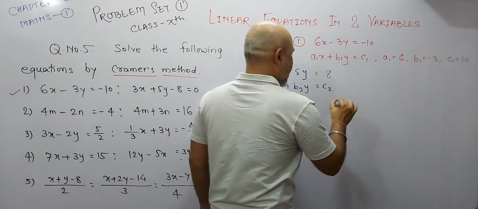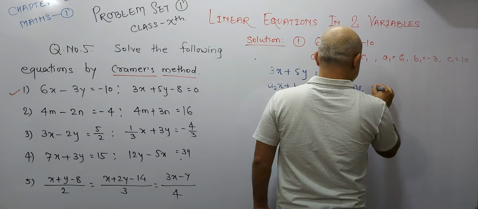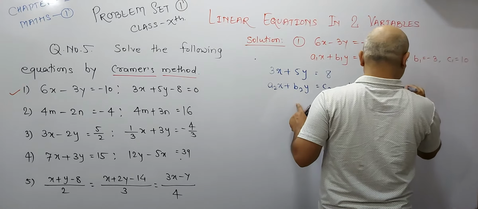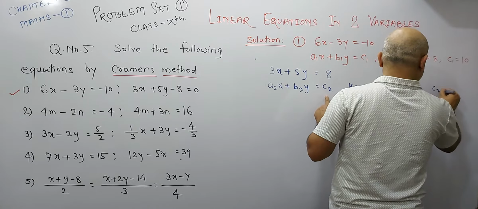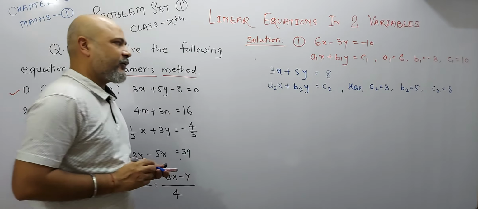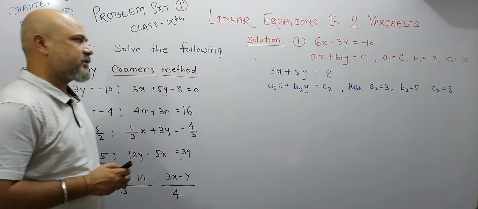So what you will get? You will get a2 is equal to 3, b2 is plus 5, and c2 is 8. So here you have the values of a2, b2 and c2.